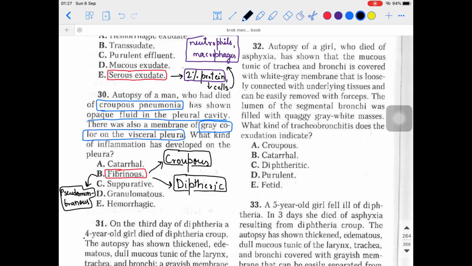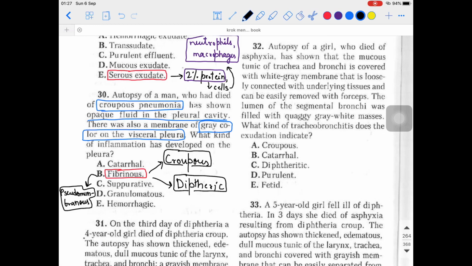Now look, why are we calling that fibrinous? Because plasma adheres on the surface and causes necrosis over there, so the epithelium is getting necrotized, and there is fibrinous inflammation over there.